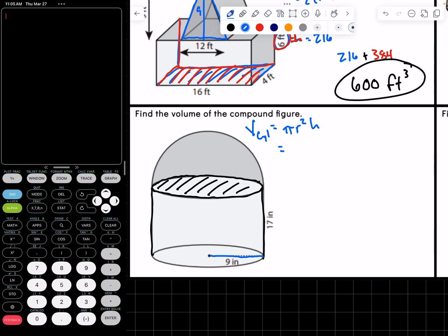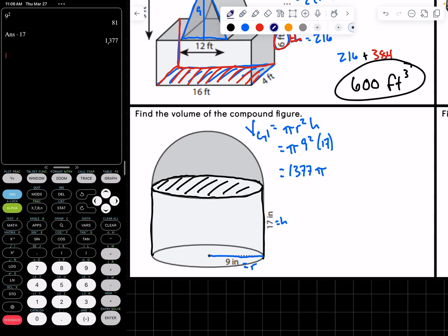So we know that 9 is my radius, which makes 17 my height. So we have 9 squared, which is 81, times 17. So we have 1377 pi. I'm going to leave it just like that for right now because I like to leave pi until the very, very end if possible.